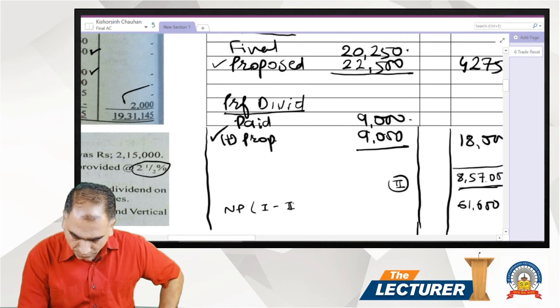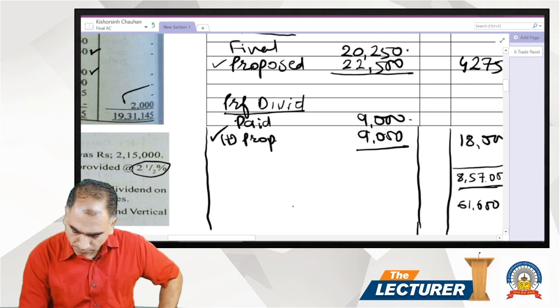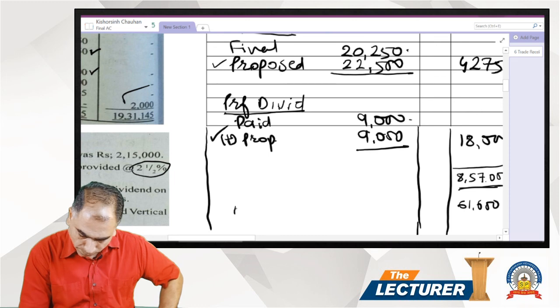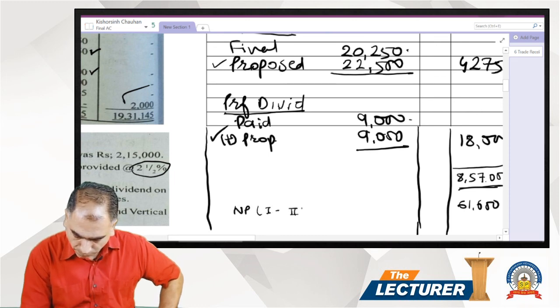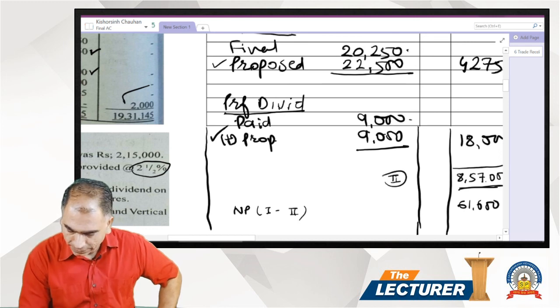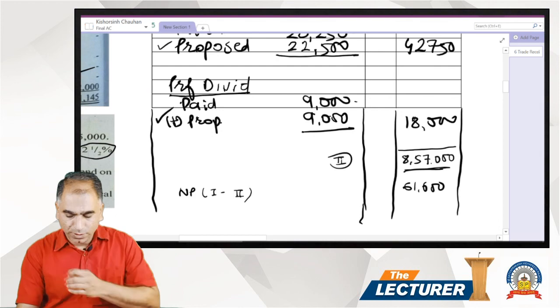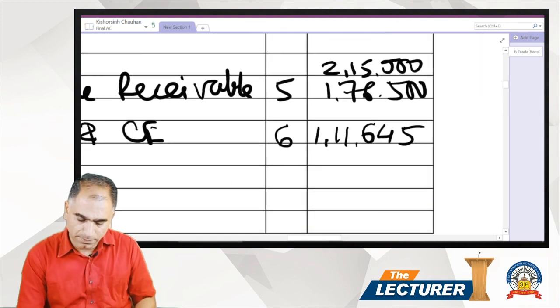One minus two. Now this profit will be added to the current reserves and surplus.